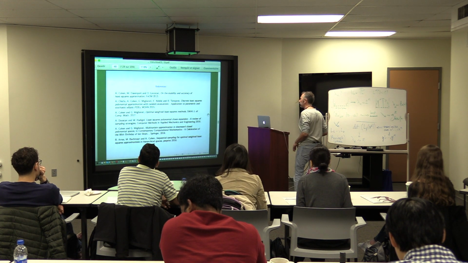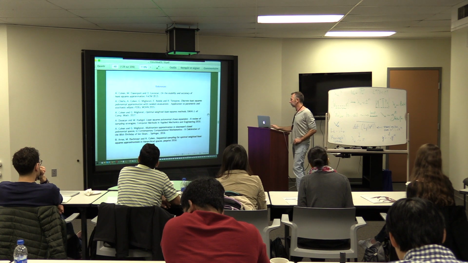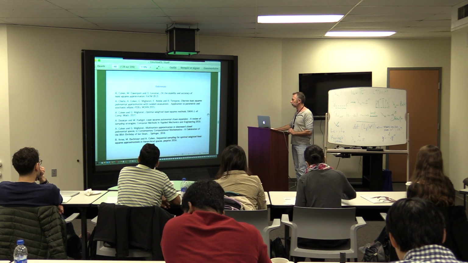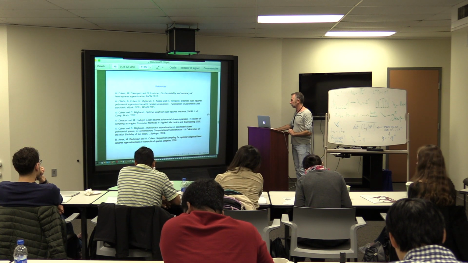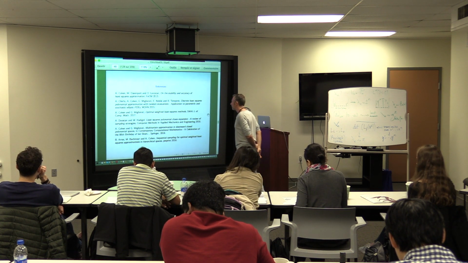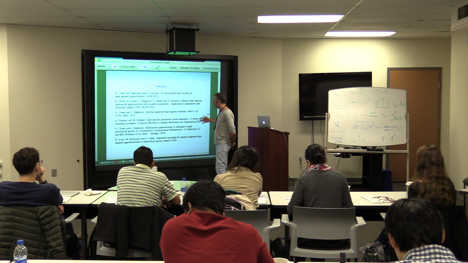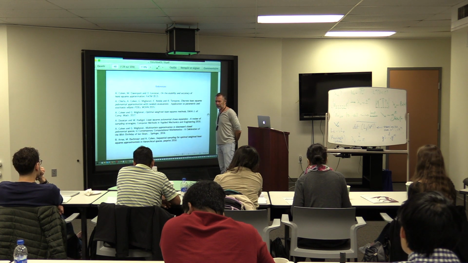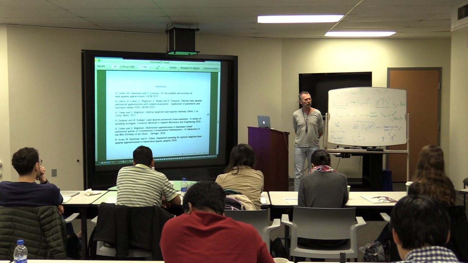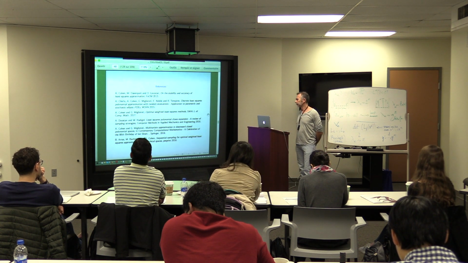This is work with Giovanni Migliorati, and in the end we are able to do that in a sequential manner. And I want to say this is very close to work that Alireza Doostan from Colorado, I think, did.